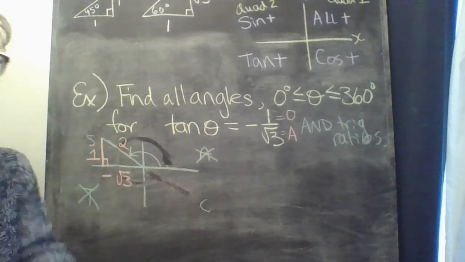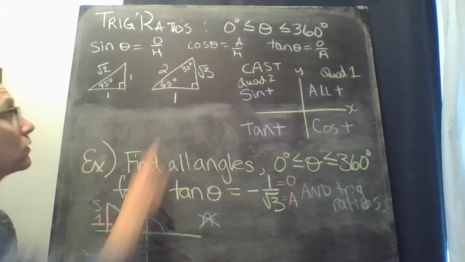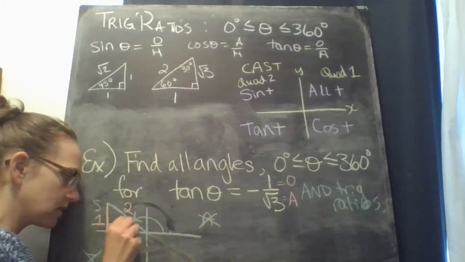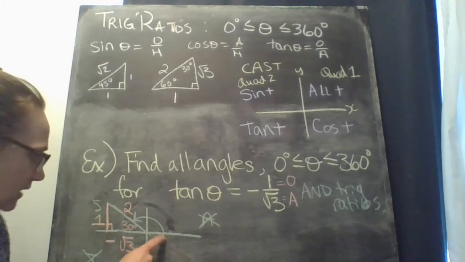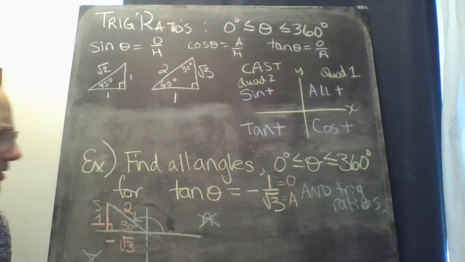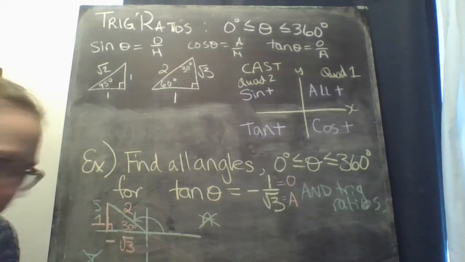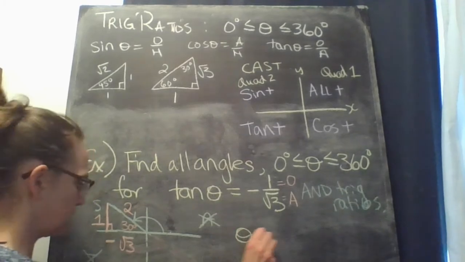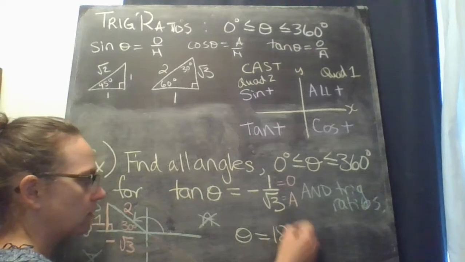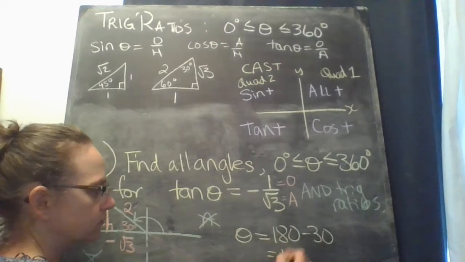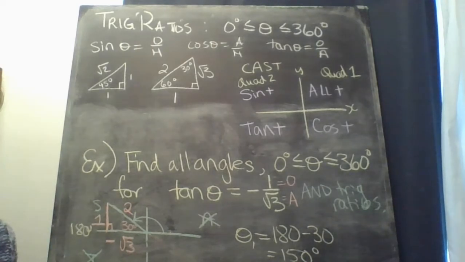Root 3 is on the bottom, so that means this is a 30-degree angle in here, which means my full angle has to be 150. Oh, didn't I already do this one? Oops. Oh, well. My theta is going to have to be 180 minus 30. So that angle is going to be there.